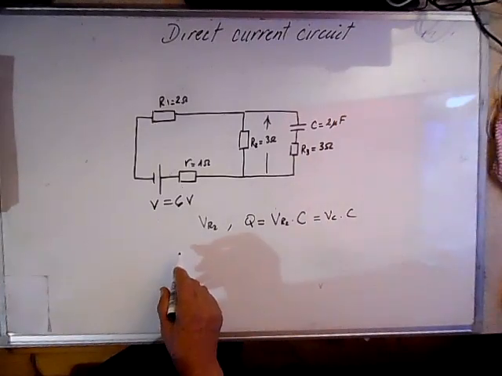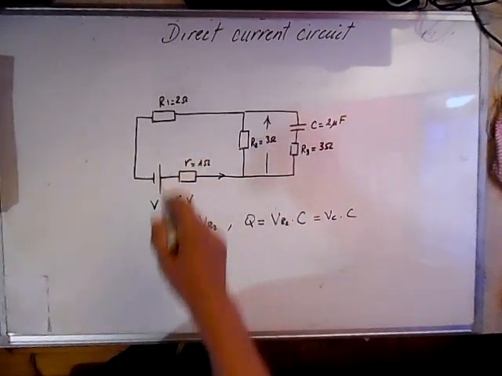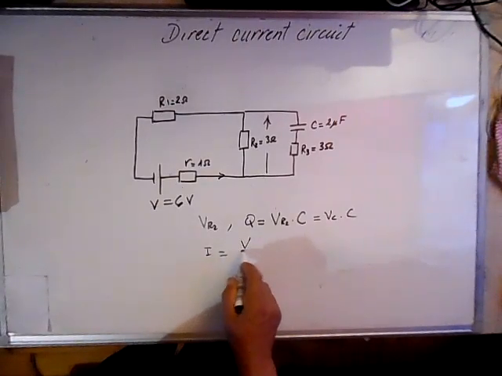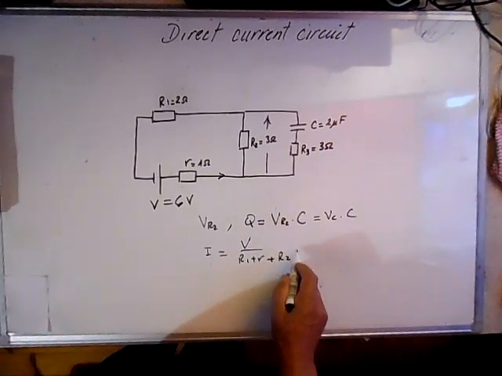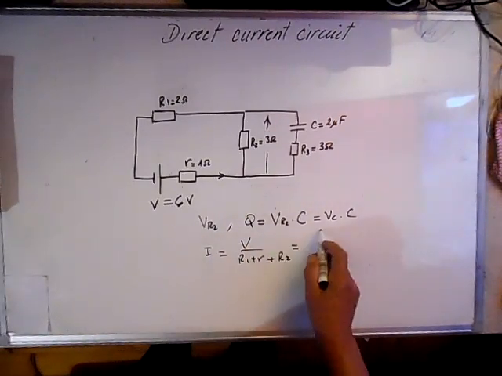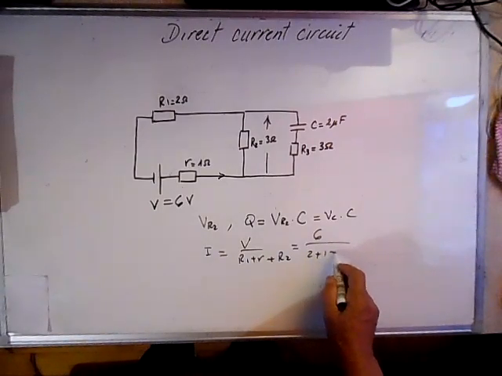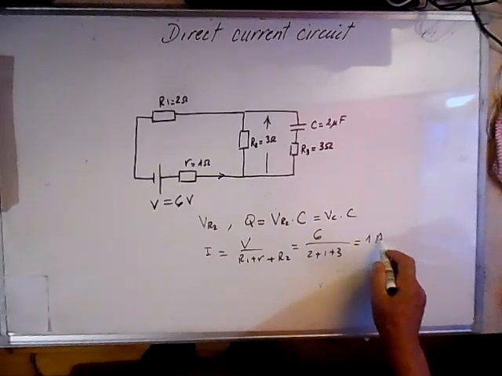To calculate VR2, we have to calculate the current flowing in this circuit, and this current I is V over R1 plus R plus R2, and this is 6 over 2 plus 1 plus 3, so it means it's 1 amp.